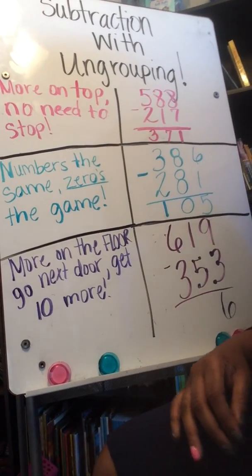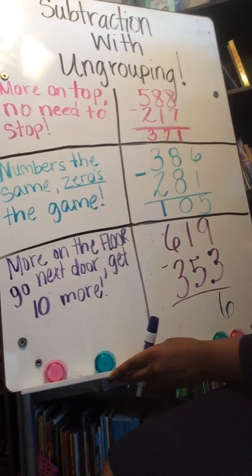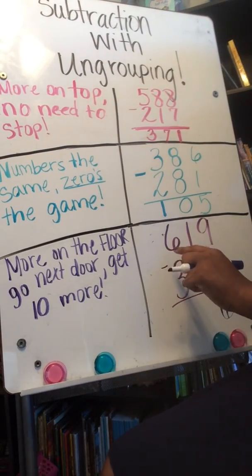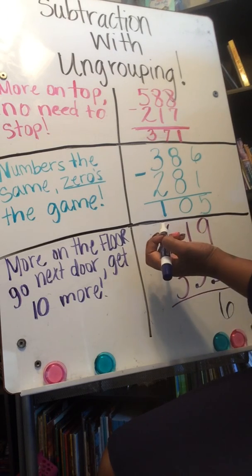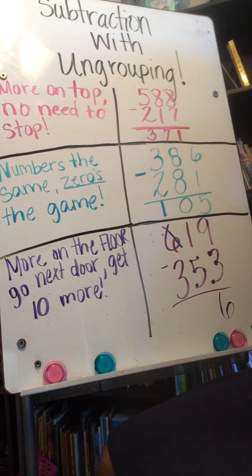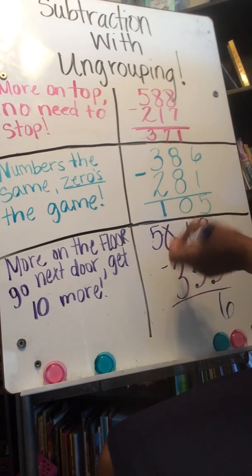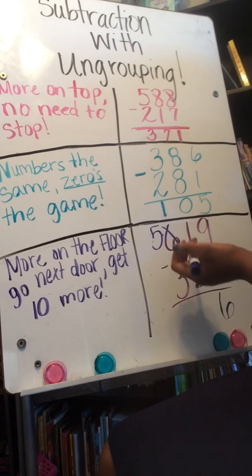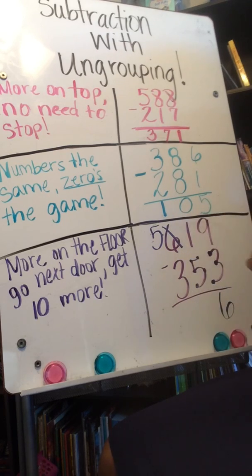All right. So we said go next door. We're always going to move to that higher place value to get the numbers from when we get 10. So I'm going to cross out the 6 in my hundreds place, and that is going to make it 5 hundreds. Now I'm going to put my 10 tens that make 100. I'm going to put the 10 in the tens place.